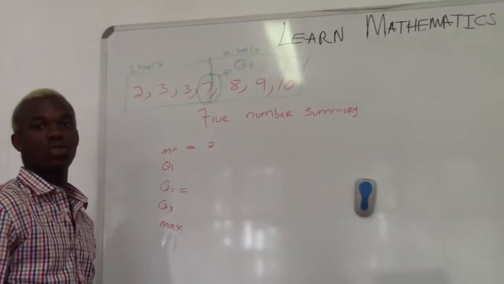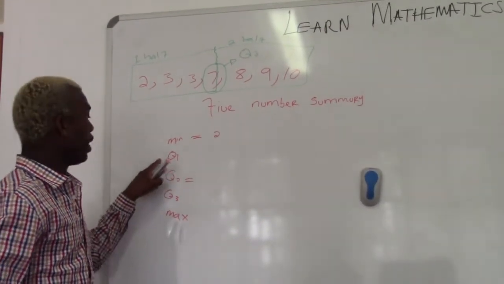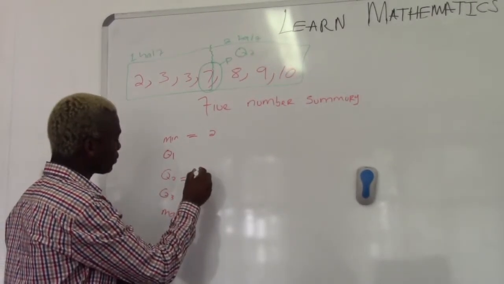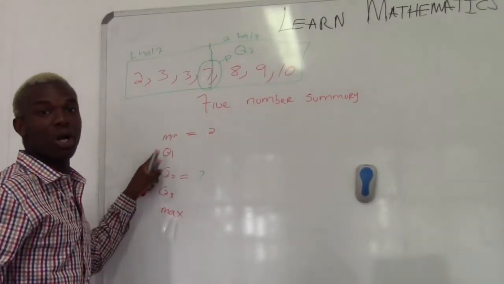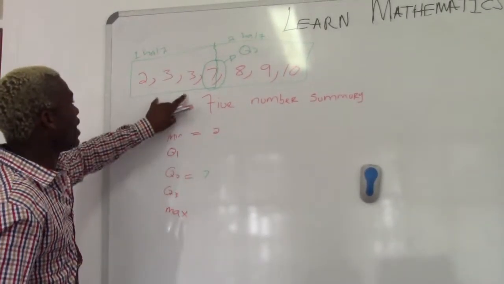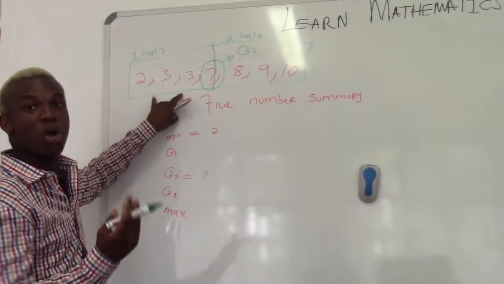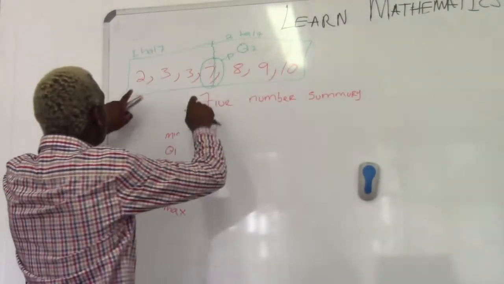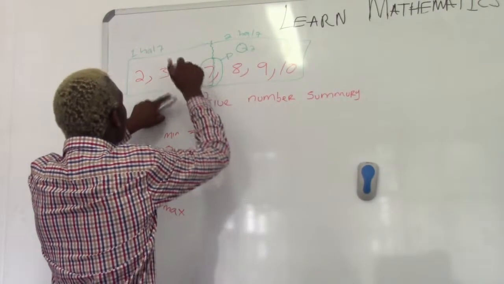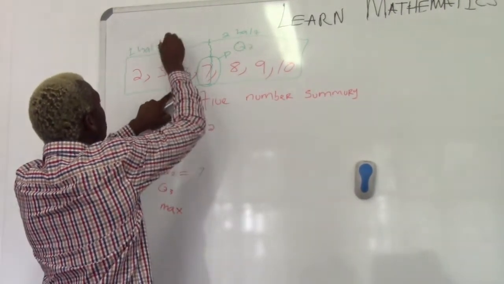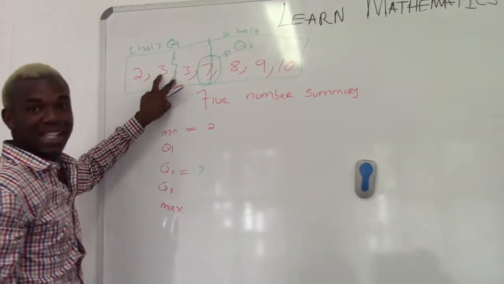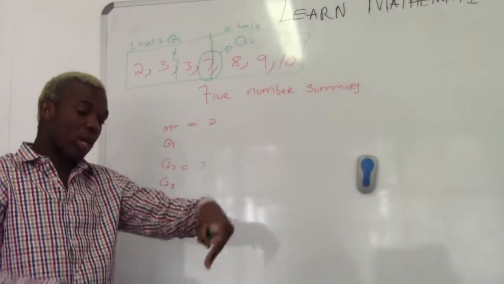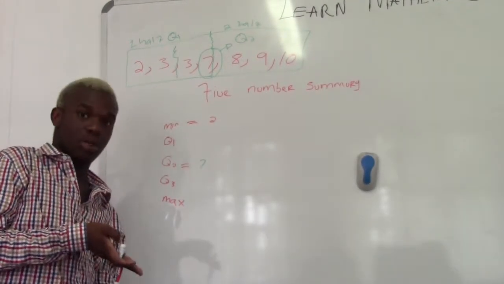In order for us to determine Q1, we have to find the median, the middle number of the first half of our data set. We have found that Q1 lies between 2 numbers. So we have to find the average of those 2 numbers. We have to add those 2 numbers and divide by 2.